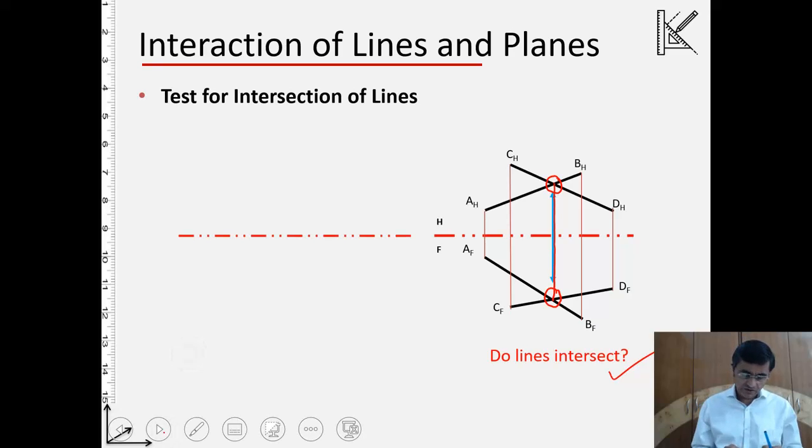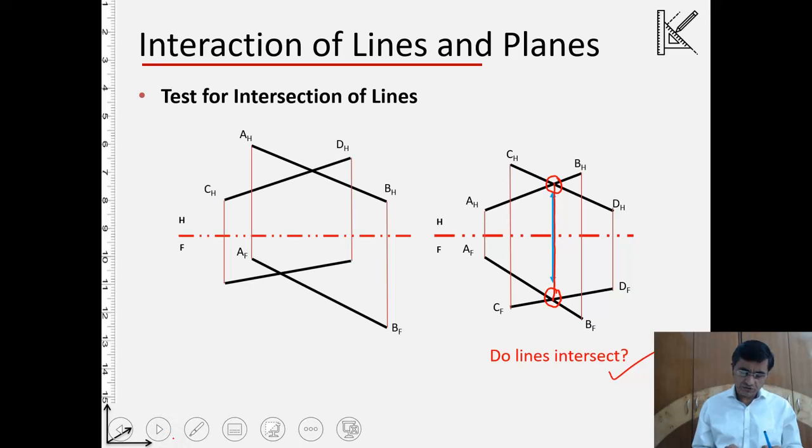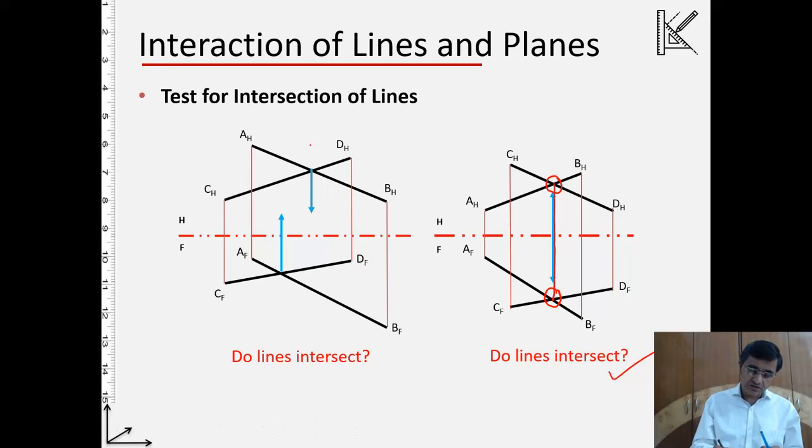I'll show you another case. Another case is like this. Okay, what I was trying to show you here, what you notice, is that the points of intersection are not aligned. So the projector, if I draw from here, is not passing through the other point. So that means these two lines are not intersecting.